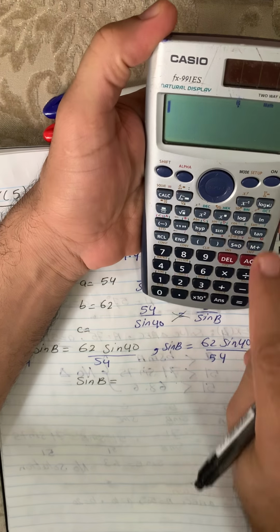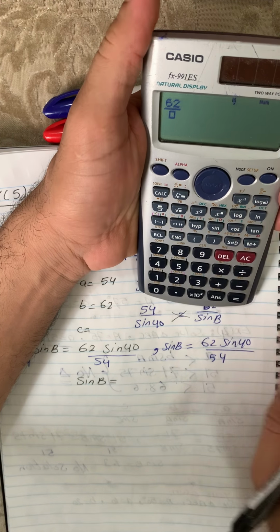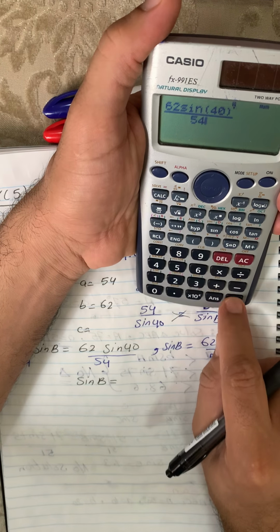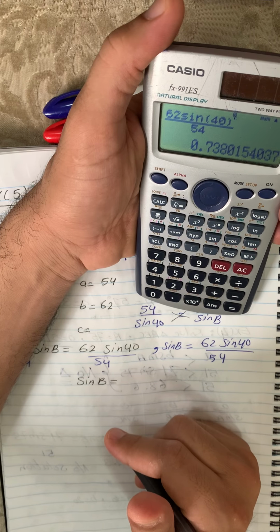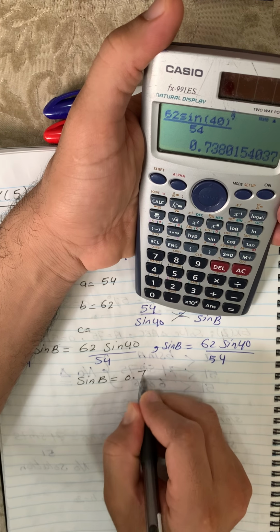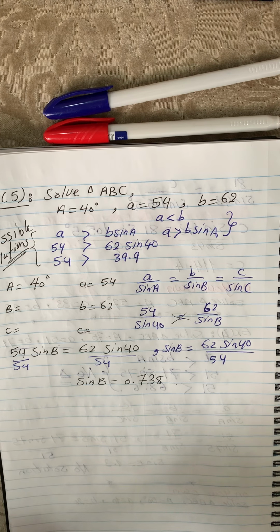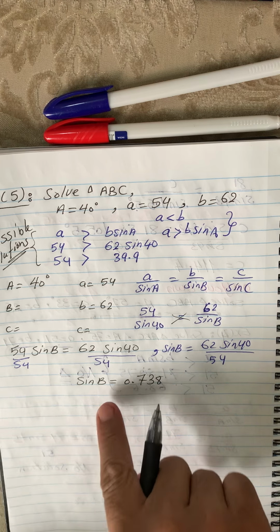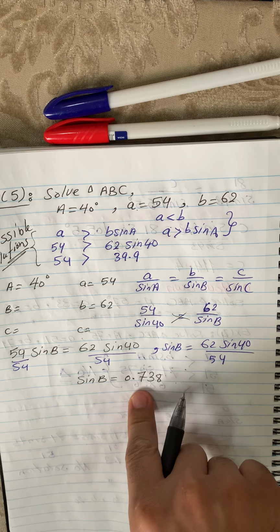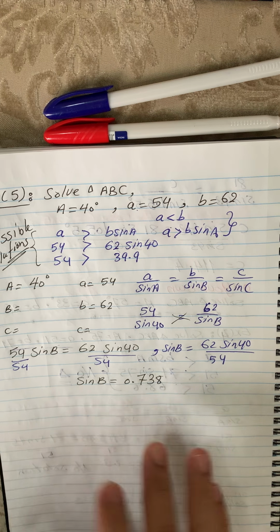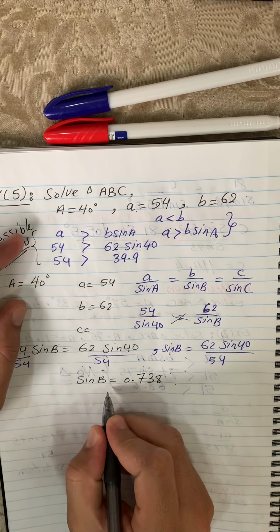Because sine B is positive, like yesterday, or the day before. If sine is positive, we have two possible solutions. Maybe this angle B lies in the first quadrant or second quadrant. Sine is positive, so first and second.